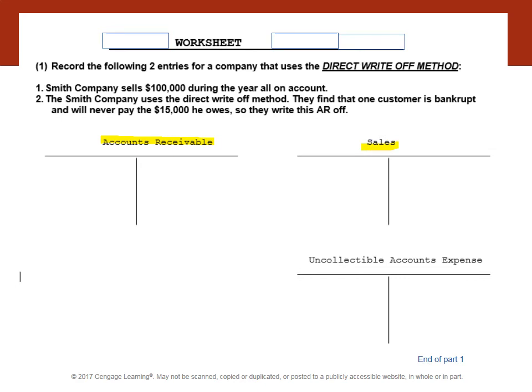And the first transaction says, Smith Company sells $100,000 during the year, all on account. So that means you're going to have to record the increase in the accounts receivable and the increase in sales. Best practices would mean that you're writing this down with pencil and paper and recording this transaction.